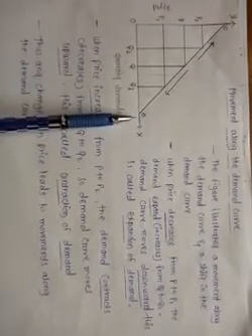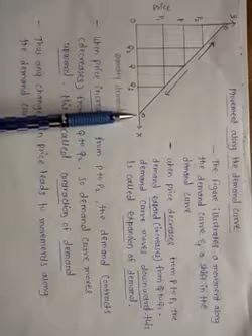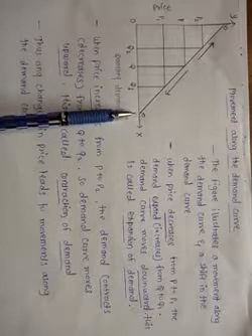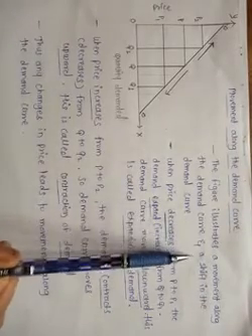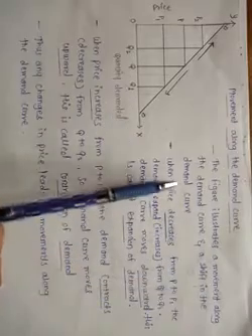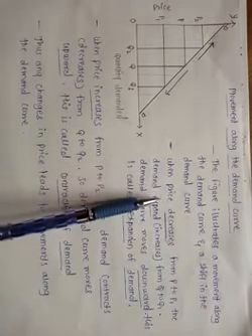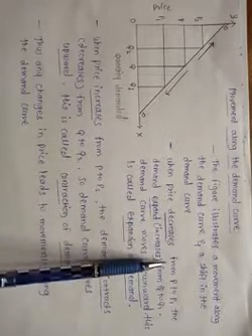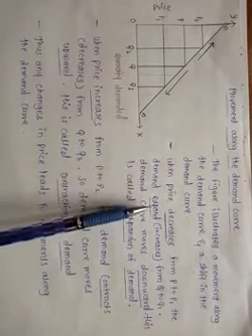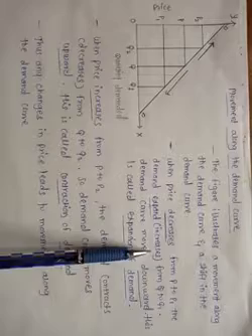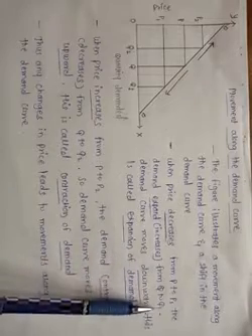DD is the demand curve. This diagram describes a movement along the demand curve and a shift in the demand curve. See here, when price decreases from P to P1, demand expands, meaning demand increases from Q to Q1.